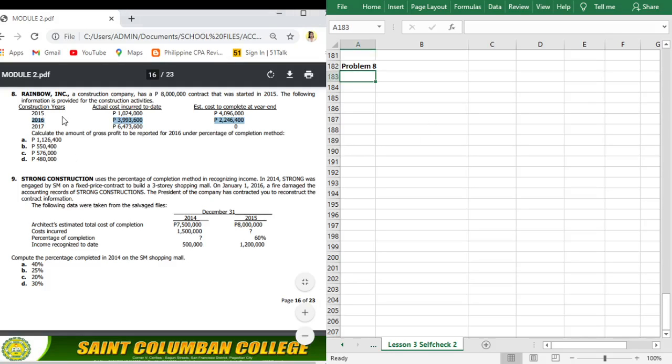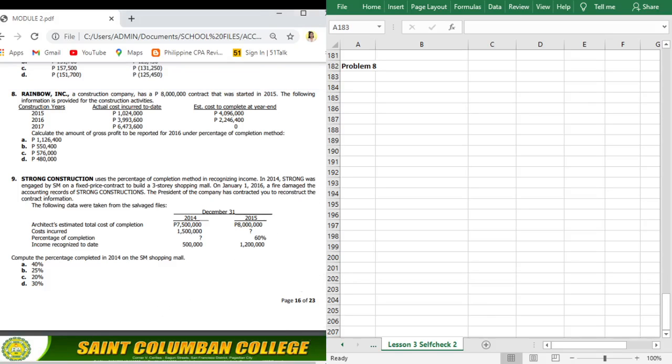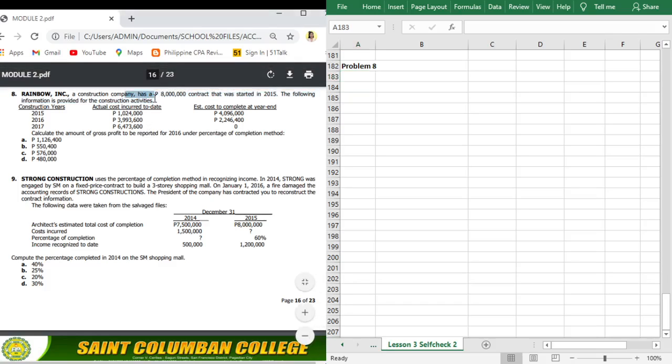Okay? For this problem, Rainbow Incorporation, a construction company, has an 8 million contract that was started in 2015. The following information is provided for the construction activities. We have the actual cost incurred to date and the estimated cost to complete at year end.